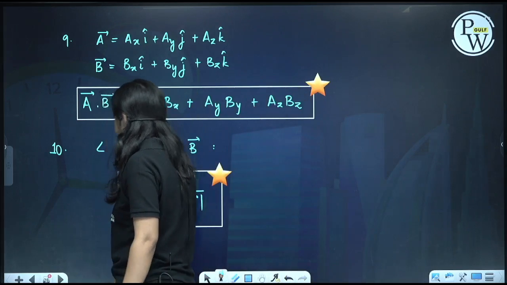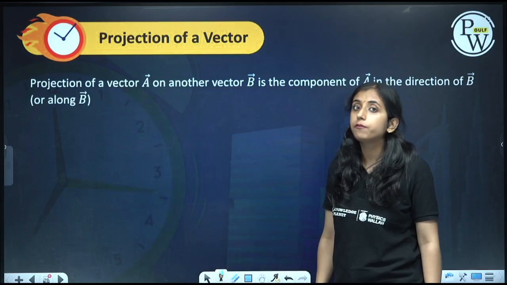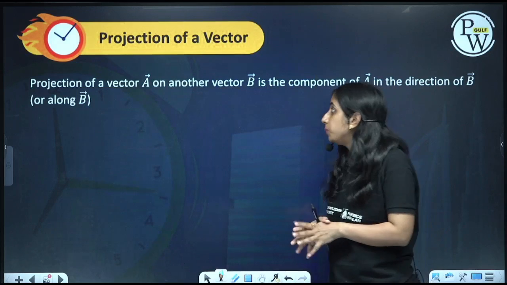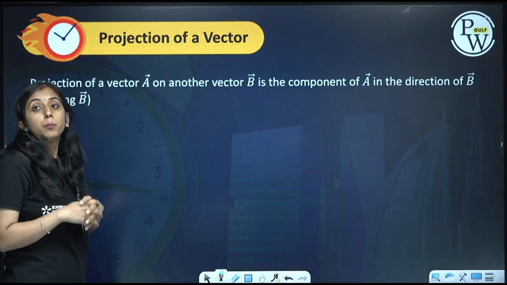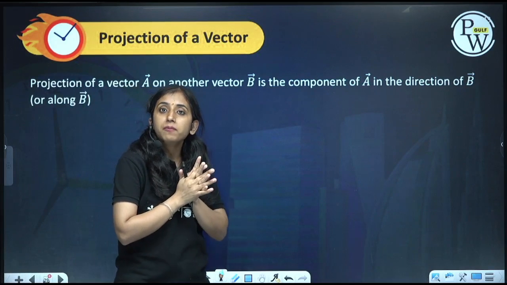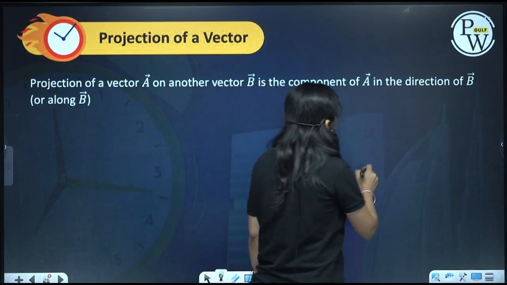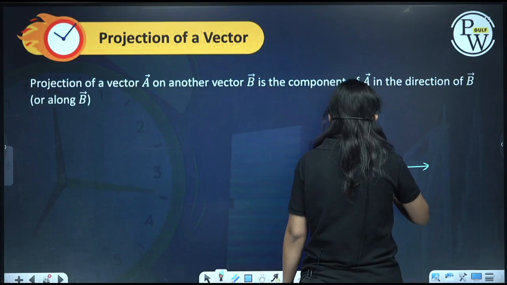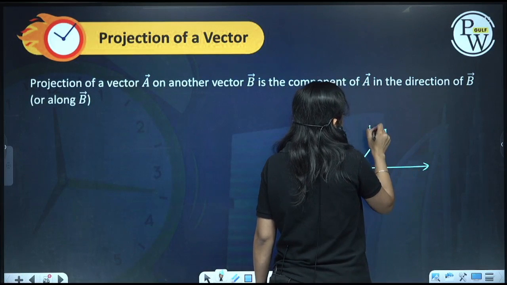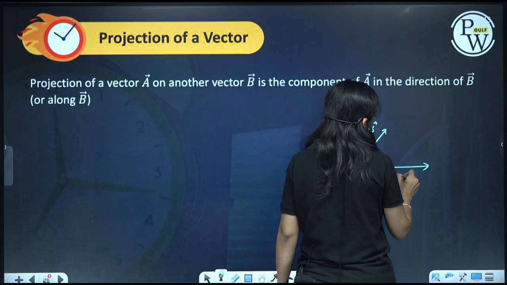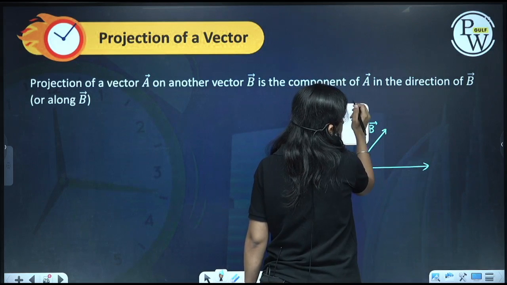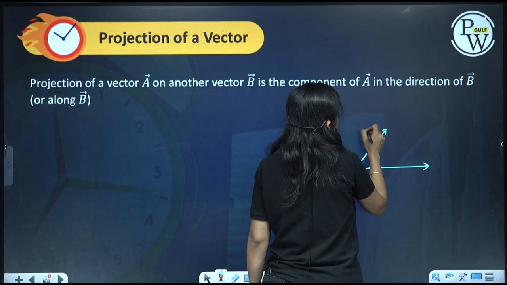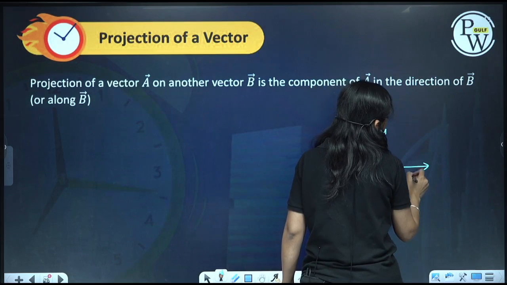Now let's study physical interpretation of dot product, or where it is being used. So projection is basically the shadow of one vector over the other. This is my a vector and this is my b vector.